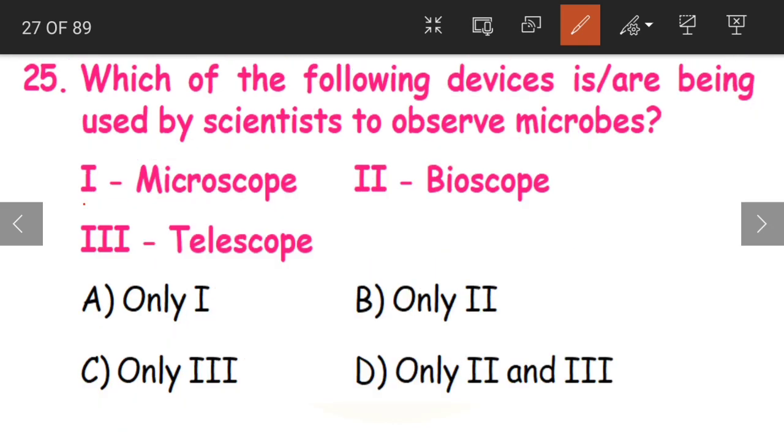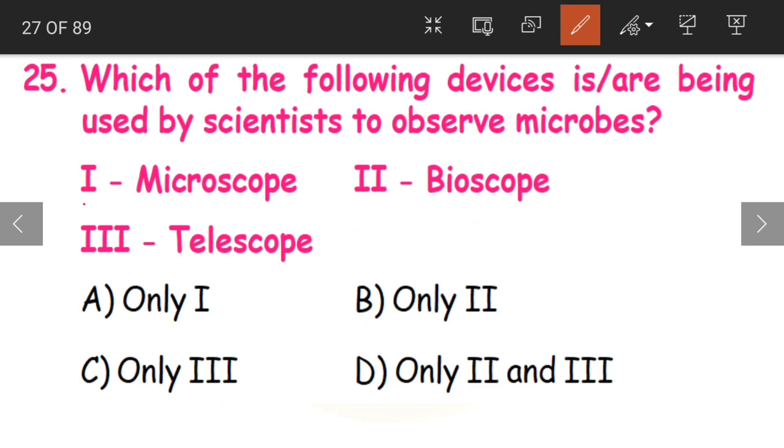Now, the last question for today, children. Which of the following devices is or are being used by scientists to observe microbes? Microbes are very small, tiny creatures, so we cannot see them directly.